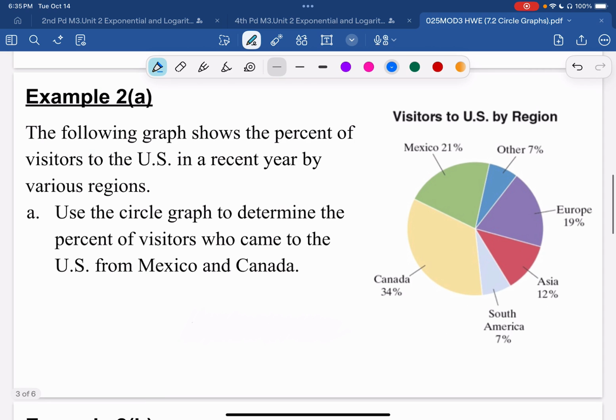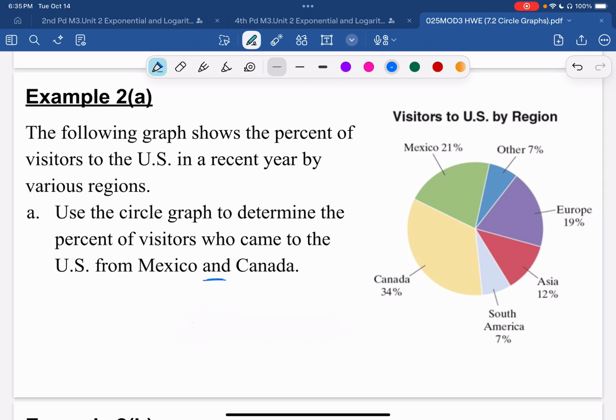Okay. And this one gives you percentages. It says the following graph shows the percent of visitors to the U.S. in a recent year by various regions. Use the circle graph to determine the percent of visitors who came to the U.S. from Mexico and Canada.